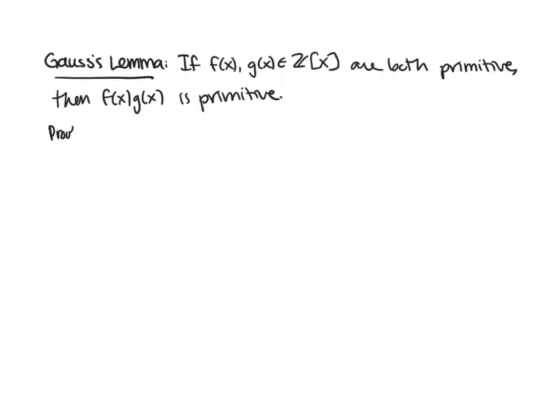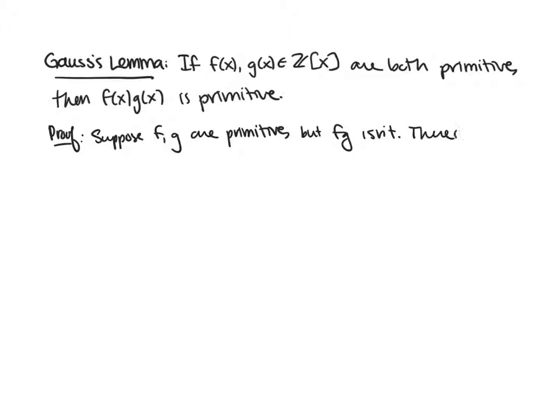And so let's sketch out a proof here. So let's set up a contradiction. Let's suppose that f and g are both primitive, but their product is not. So suppose f and g are primitive, but fg isn't. So that means there's, say, a prime number p such that p is a divisor of all of the coefficients of fg.